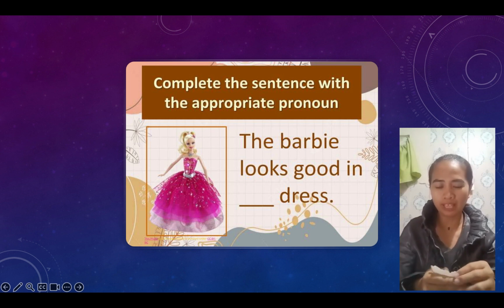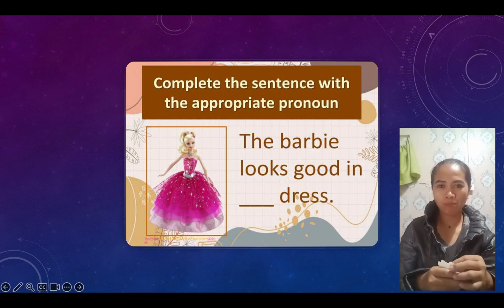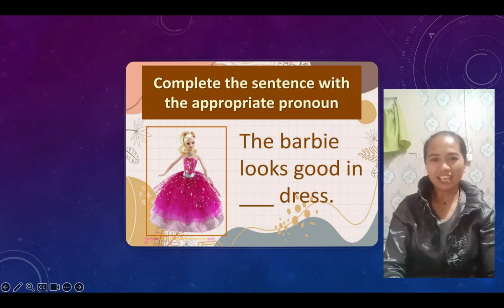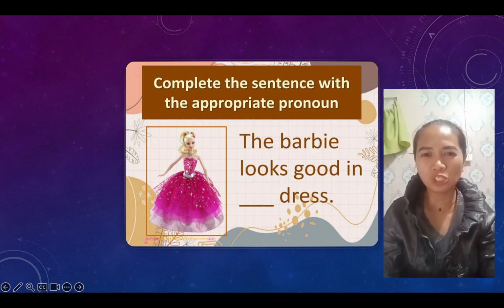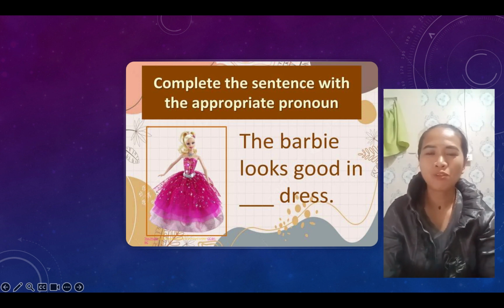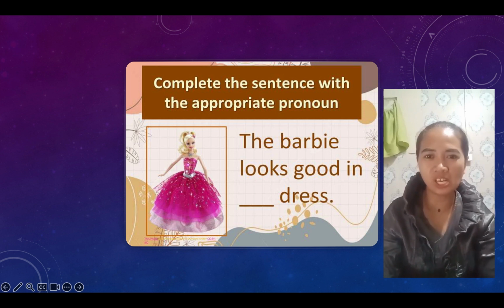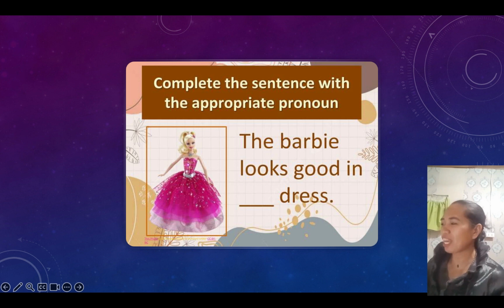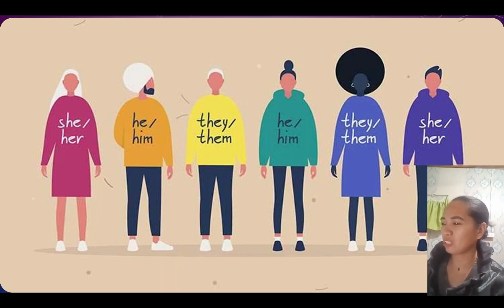What is the answer in the blank provided? Yes, that's correct. The answer is her. The Barbie looks good in her dress. That's correct. Thank you for your wonderful answers.